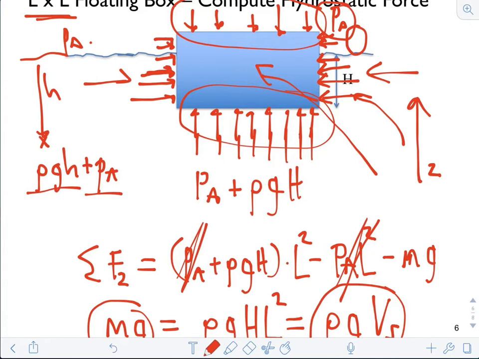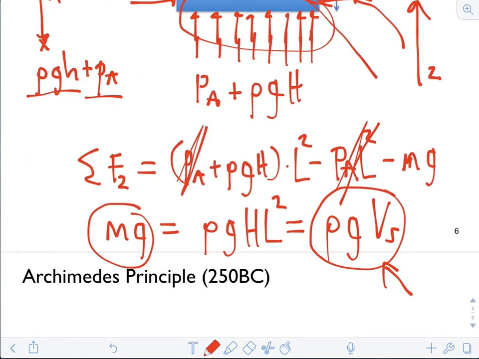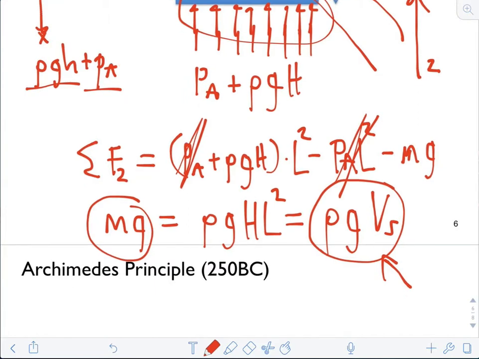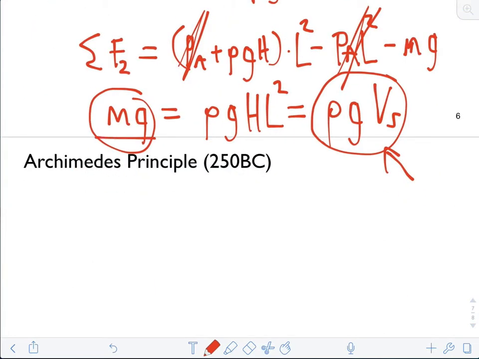That's the amount of water that's been moved aside for this box. The weight of that water is equal to the volume of that water times gravitational acceleration times the density of that water. Rho g L squared h, or rho g Vs as I called it, the submerged volume. And so that's Archimedes' principle, that the weight of an object is equal to the weight of the water displaced.